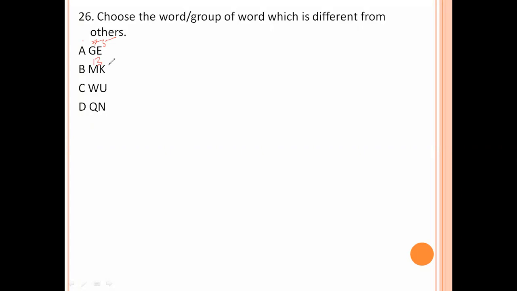K is 11. W is 23. N is 14, then O 15, P 16, Q 17. Here more difference is there. So option number D is the right answer.